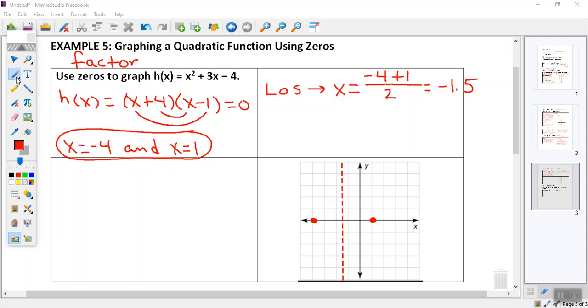We could say my y value of the vertex is equal to, what are you putting in for x now? Negative 1.5 plus 4 times negative 1.5 minus 1 here.